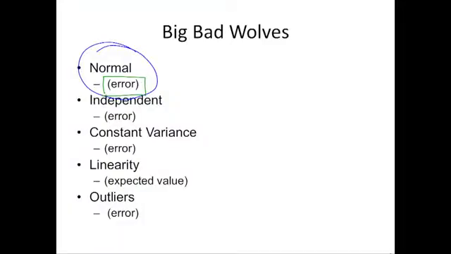So never look at the data to decide whether this assumption is violated. The second thing that we assume is that the errors are independent. And again, this is an assumption about the error, not the data.